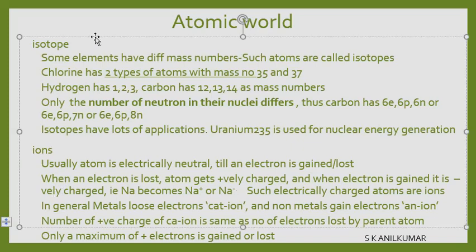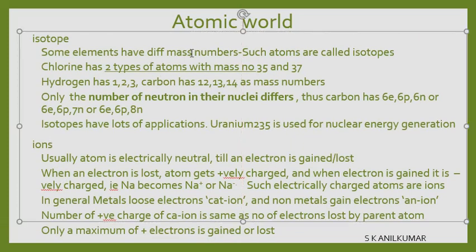Now, what is an isotope? Some elements have different mass numbers. Chlorine has two types, 35 and 37. Hydrogen has 1, 2, 3, and carbon has 12, 13, 14. So the number of neutrons differs, and because the mass number is different but the element is the same, it is called an isotope.